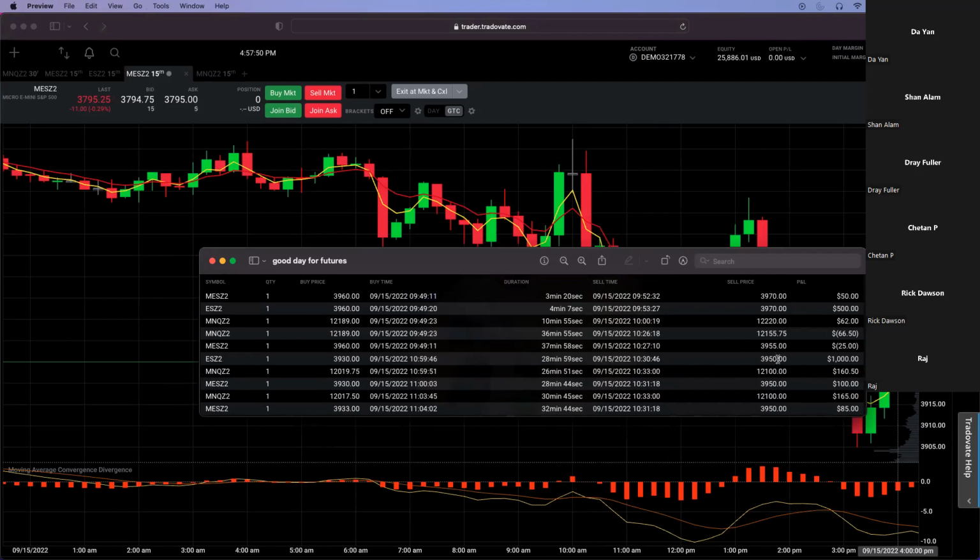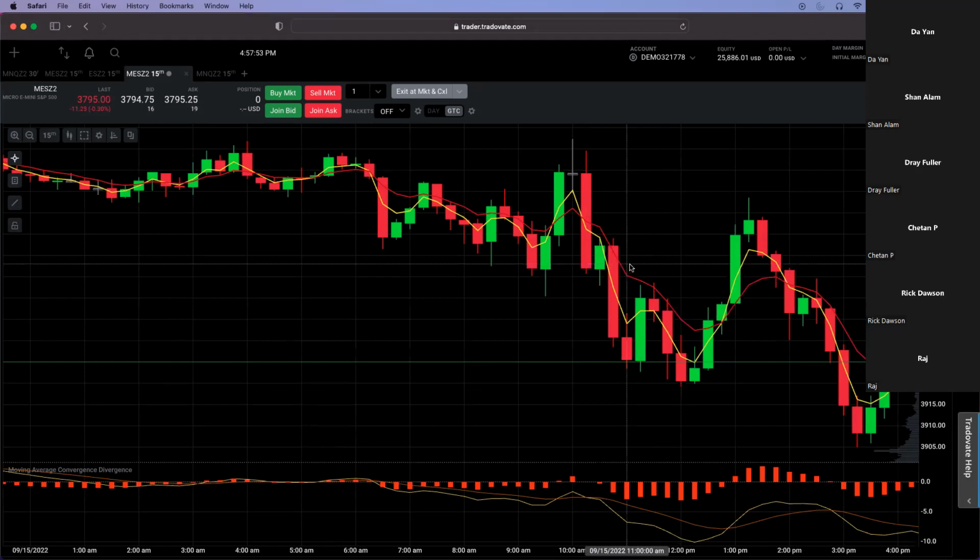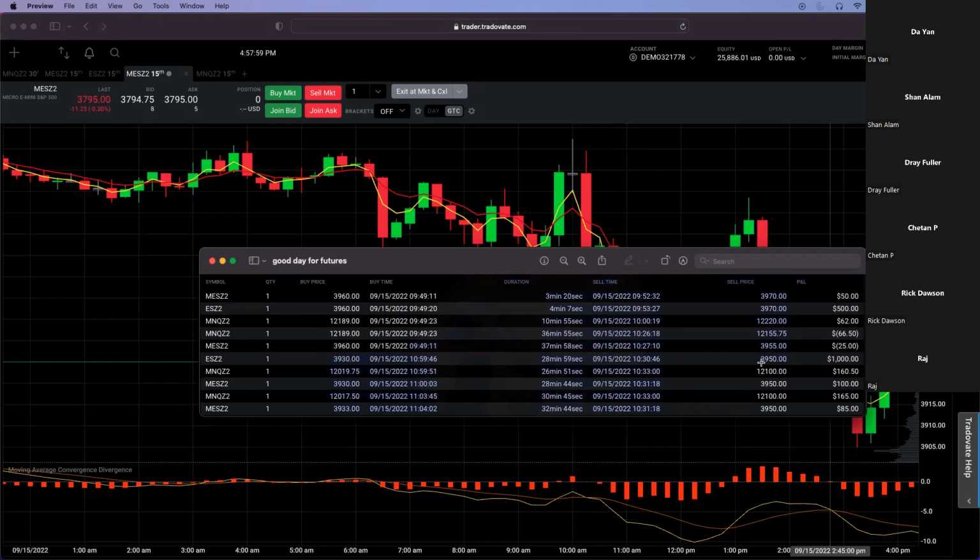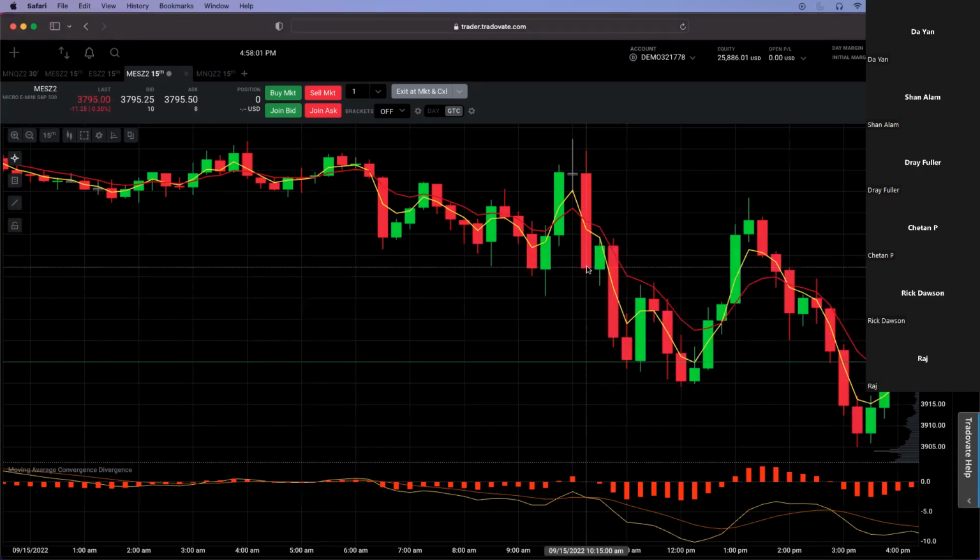Where is 39.50? Here. And what is the candle? This is 10:50. I waited for this candle to complete. I waited for this candle to retrace a little bit. Then I entered at 39.50. Does it make sense?